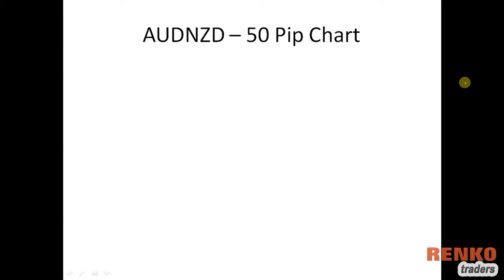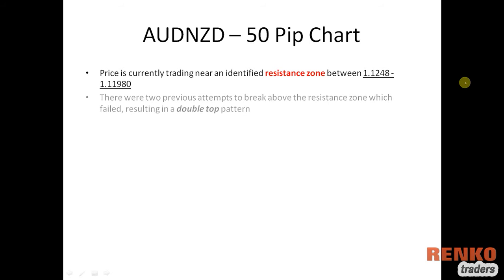So to basically summarize what I've just pointed out, price is currently trading near the identified resistance zone. It sits between 1.1248 and 1.1198. There were two attempts to break this resistance zone, which failed, and it resulted in a double top pattern.